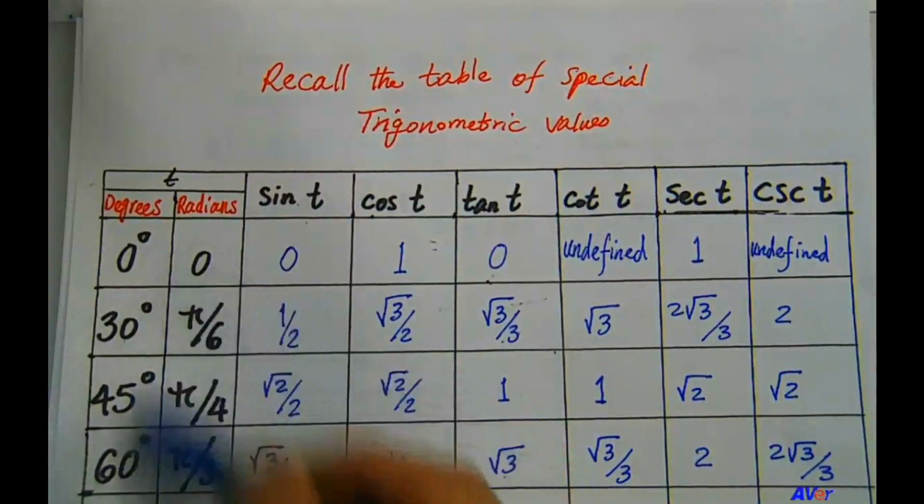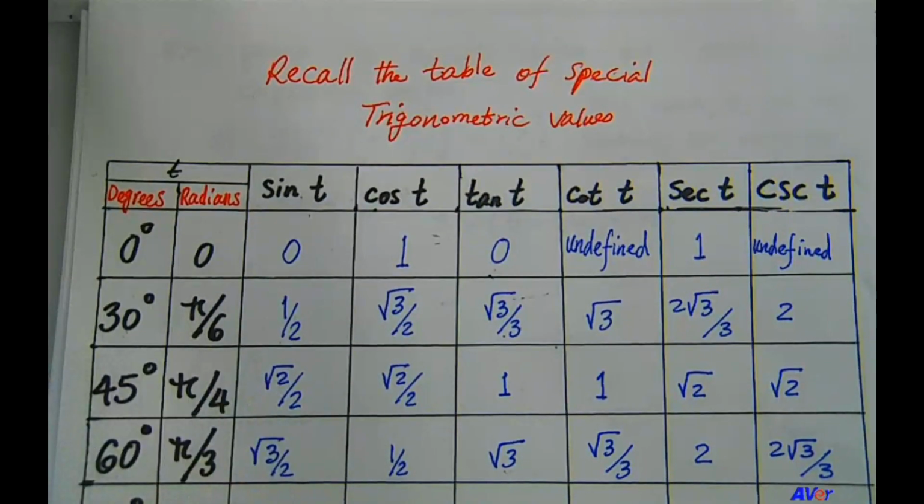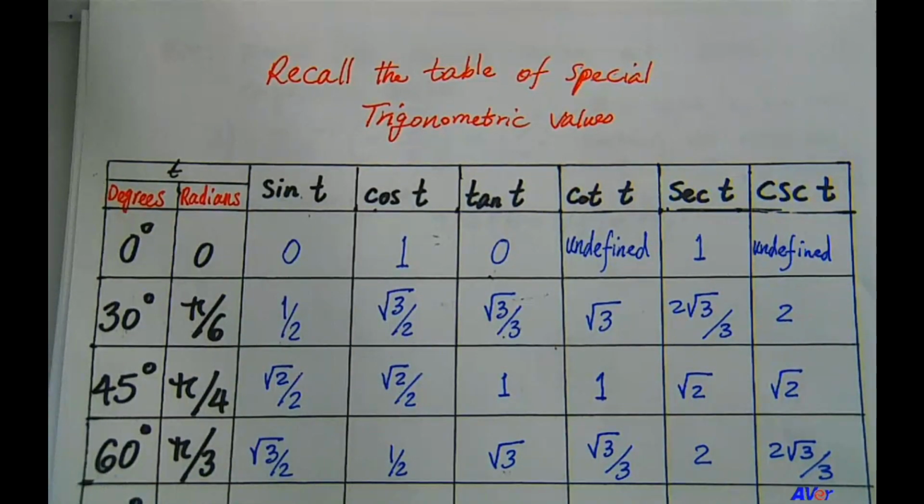But remember why these are so important? These are important because these are the reference angles. The reference angle is the angle between the x-axis and the terminal side of any angle. So if you have a positive angle of 150 degrees, what is the reference angle for that? It is 30 degrees, in the second quadrant, because the terminal side of 150 degrees is within 30 degrees of the x-axis. That's why these angles are so important.